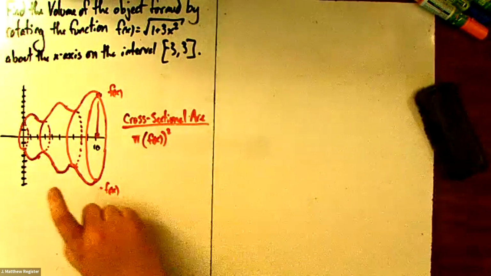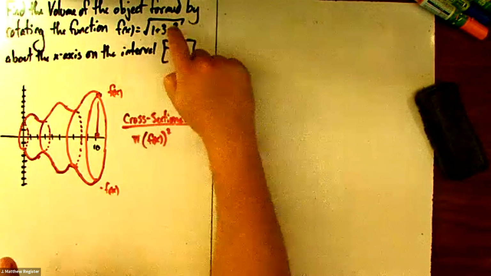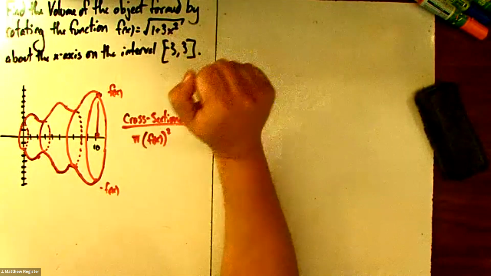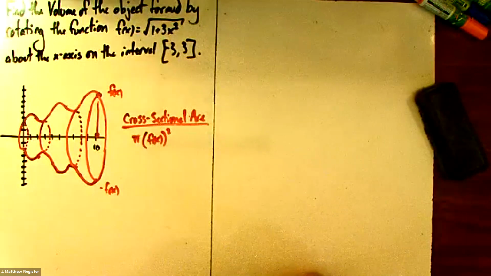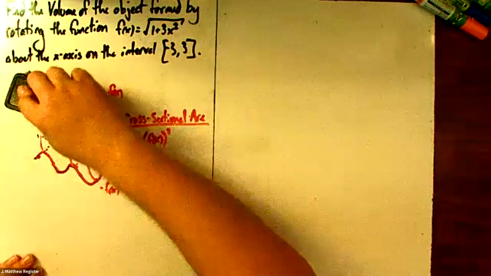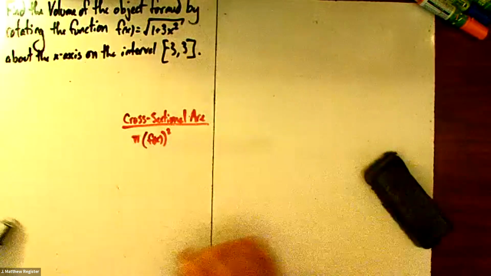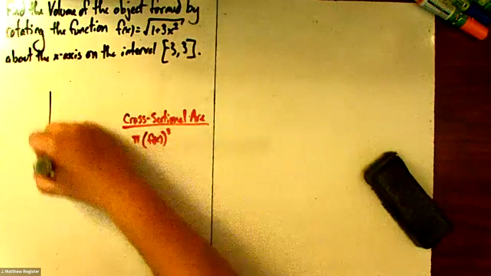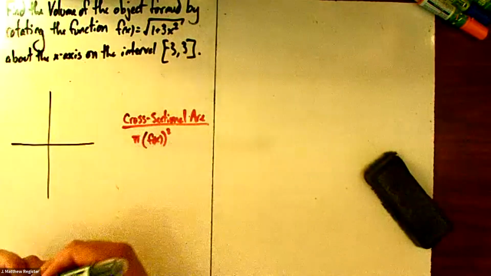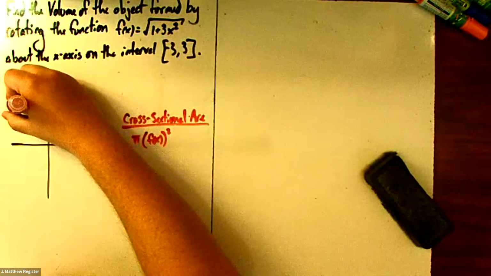And so again, the visual is going to be very, very similar. But now the function we're dealing with is the square root of 1 plus 3x squared, which looks almost linear, but not quite. Graph of this on the interval from 0 to 3 would look kind of like this, I believe.